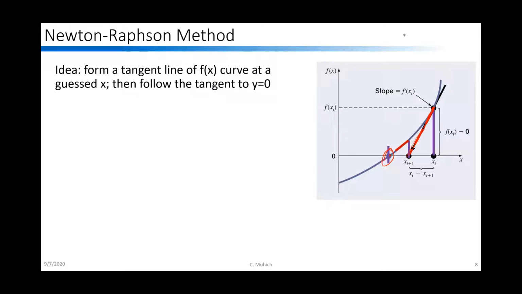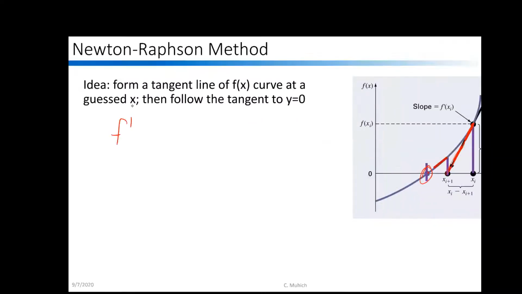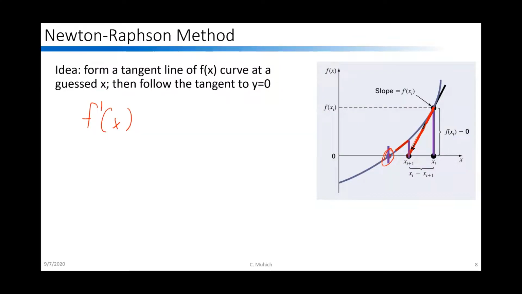Let's put some equations to this idea. Let's first look at the definition of a derivative from calculus. So we can see that the derivative at any point can be equal to the function value at that point, call that i, minus the value of that function at another point, say i plus 1, over the run, so xi minus xi plus 1.